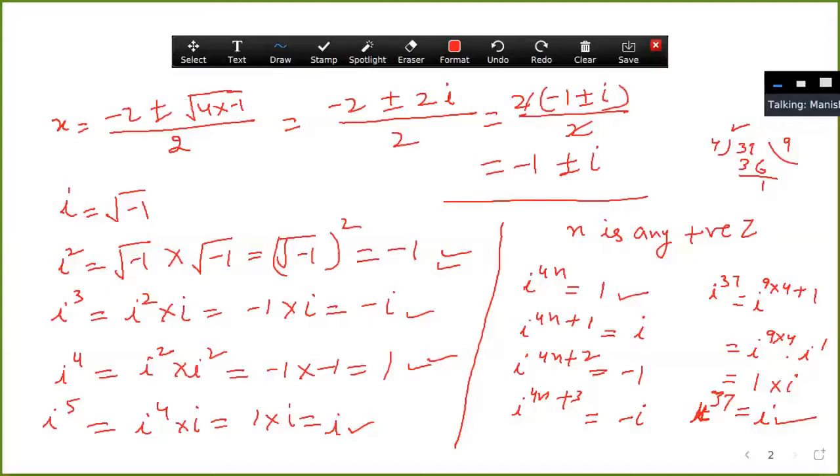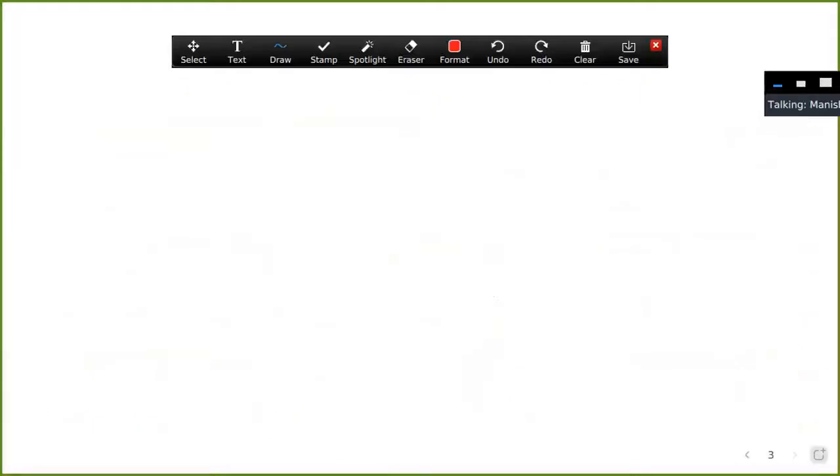Now further we will discuss a few properties of complex numbers. First of all, I have just given you the idea of iota. I will now tell you how to write a complex number. Z is the notation to write the complex number in expanded form: a plus iota b.